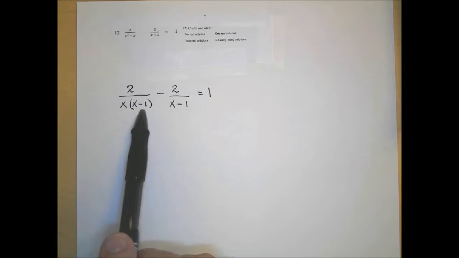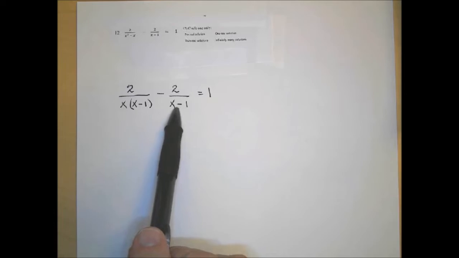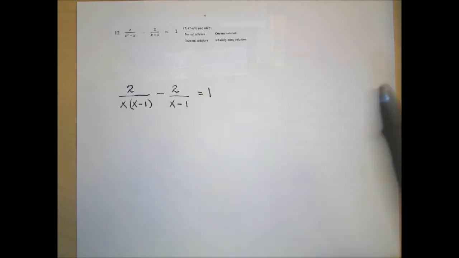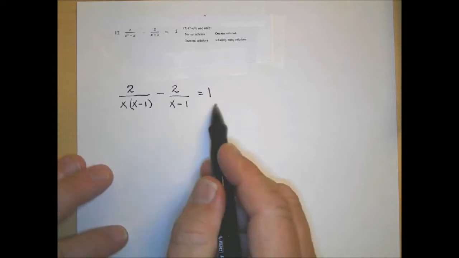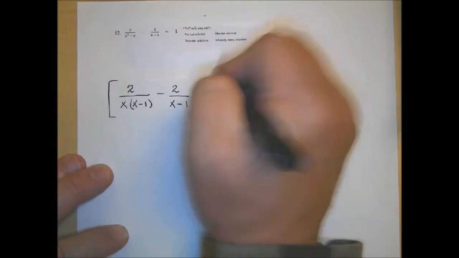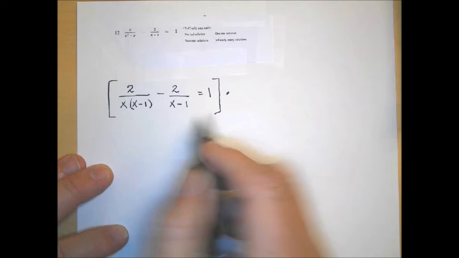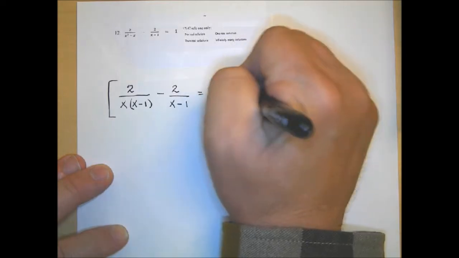I factored out the greatest common factor of x. Now, on the second one, it's just x minus 1. But now I can see that in order to clear all the denominators, I need to multiply this entire term by x times x minus 1.